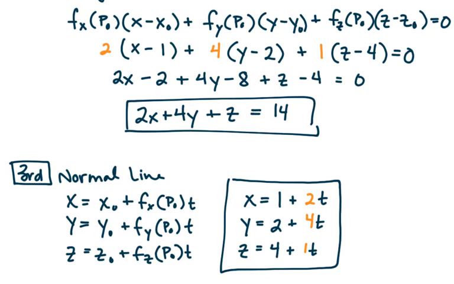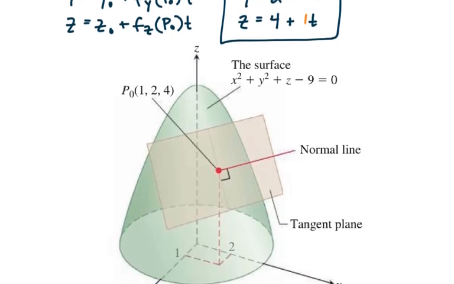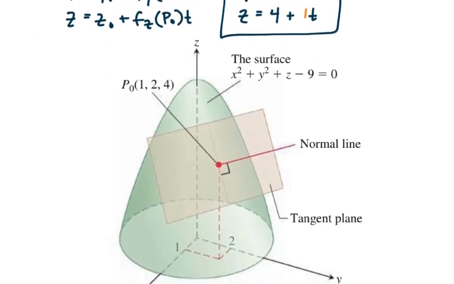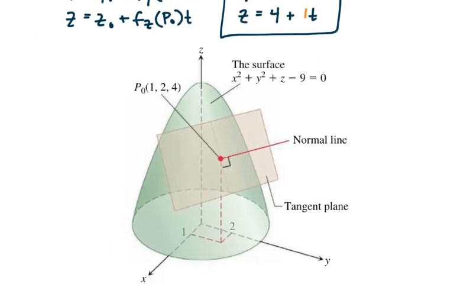So visually, what is this plane and these parametrized lines showing us? I'm going to pull in a picture. So here we have our circular paraboloid, and here's my point (1, 2, 4). So there's my point on the surface.